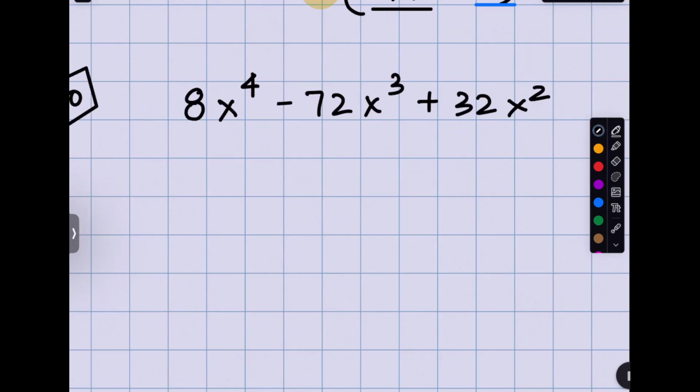Is 4 a prime number? You should already know the 32 because we already did it.